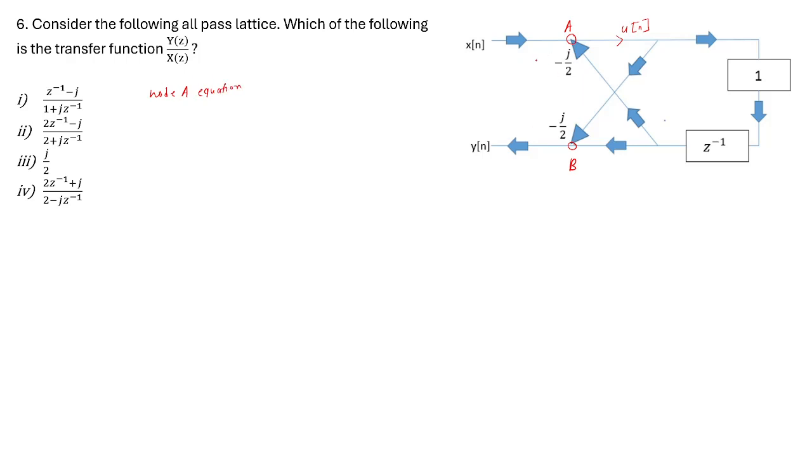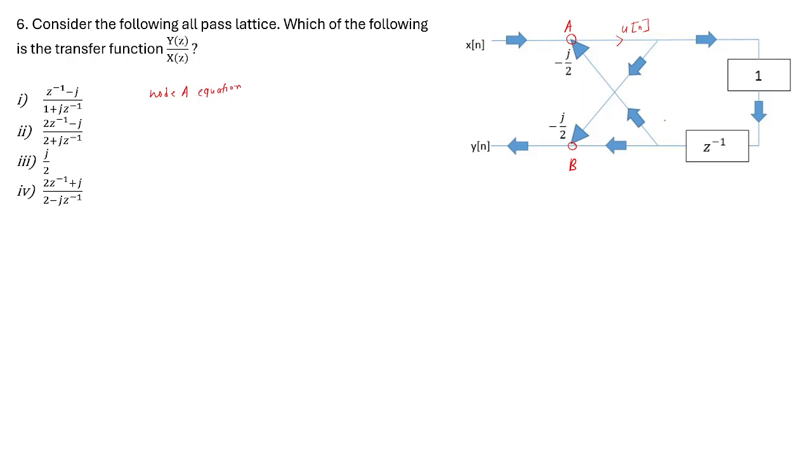First of all, x[n] gets summed up with the version of u[n] which goes through this block, which basically does nothing because it is a unit gain block. Then it passes through a delay and comes here. We are not going to write them in terms of x[n] and y[n], since we are well versed with the z-transform of our sequences.